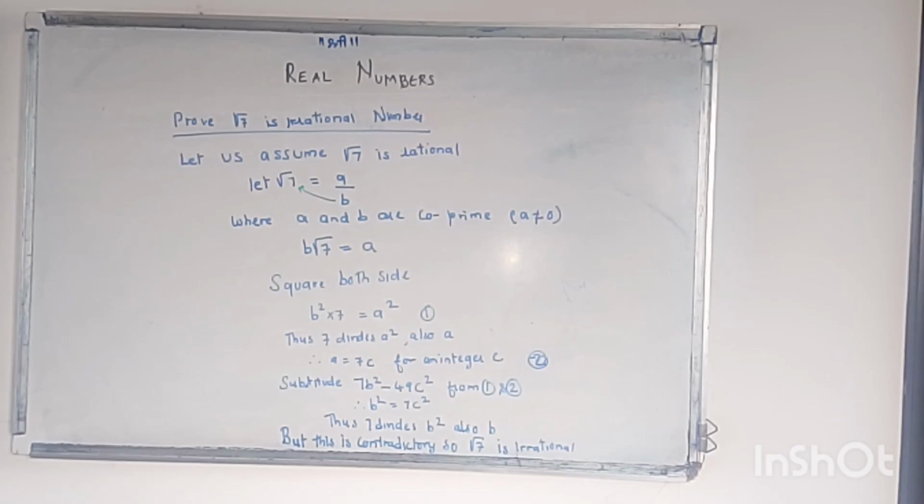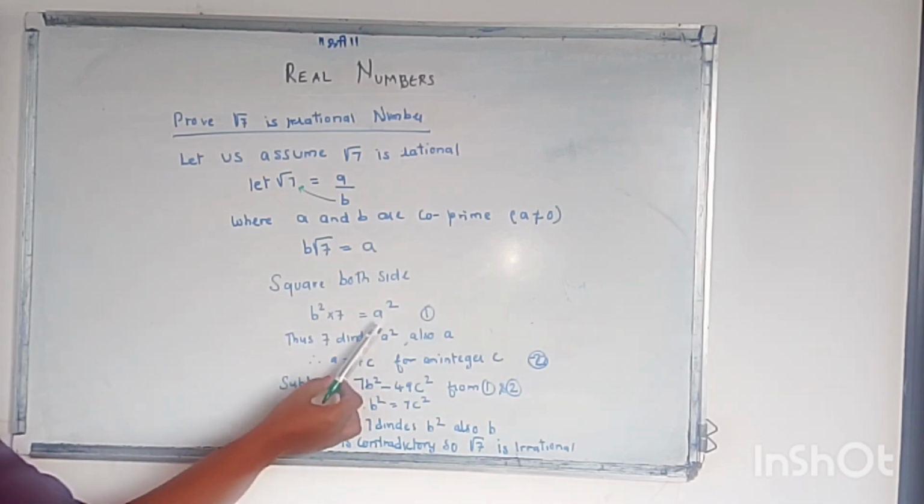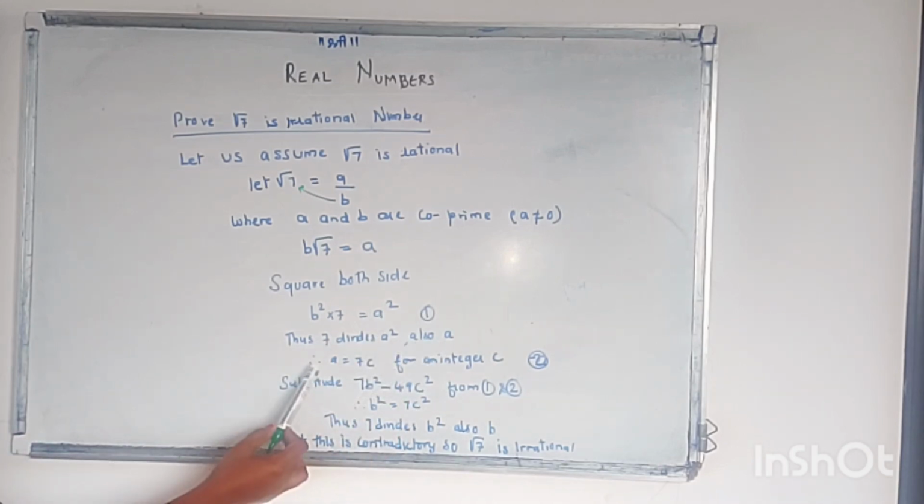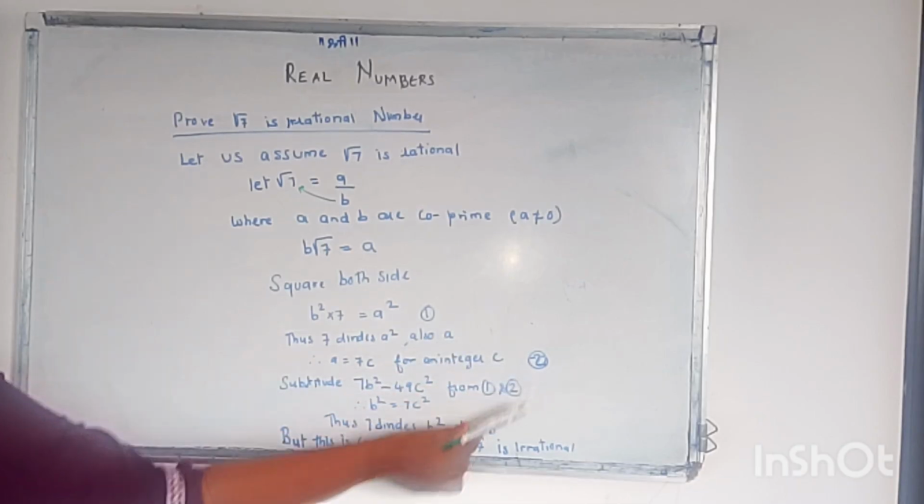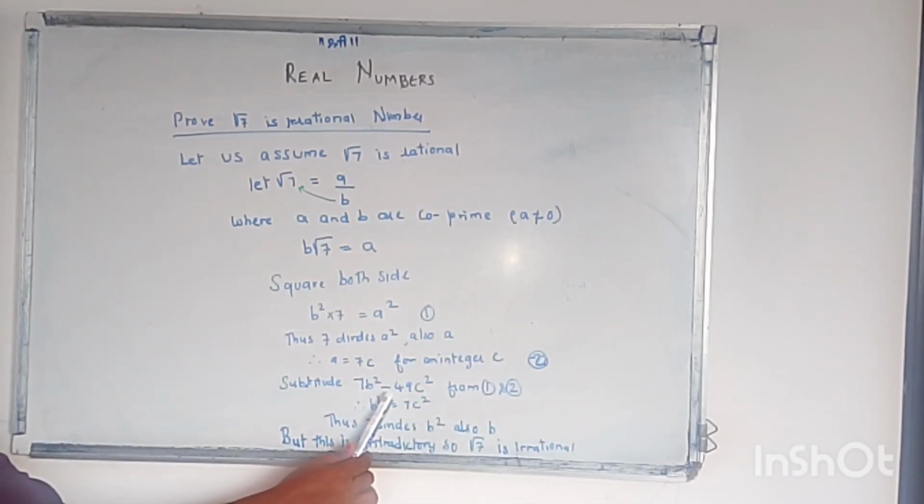Thus we find that 7 divides a square. Okay, also a. Therefore a is equal to 7c. c is another integer which is used here. So this is your equation number 1 and 2. Substitute 7b square equals 49 c square from 1 and 2. Okay, 49 why?